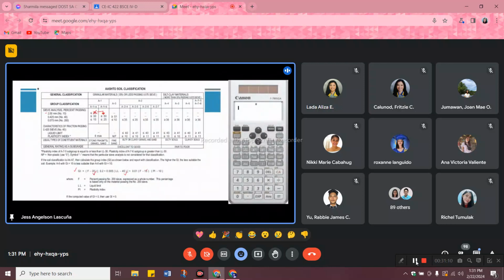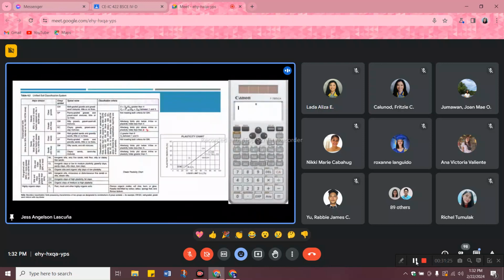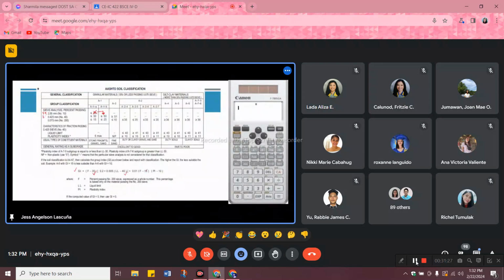Sa next column, di ba dili po siya? 54 ba to? 54. Ato lang is what diri daan ha. 54, 22 og 5. 22 og 5.